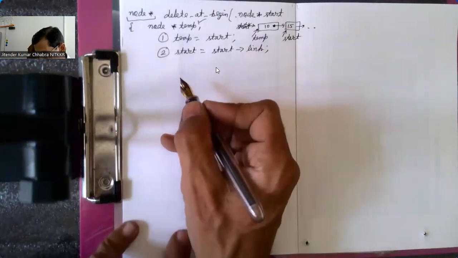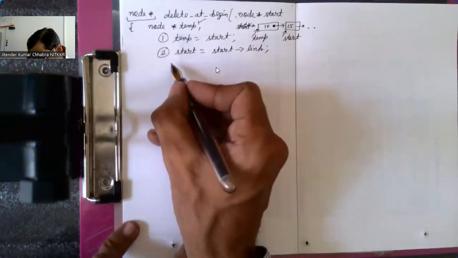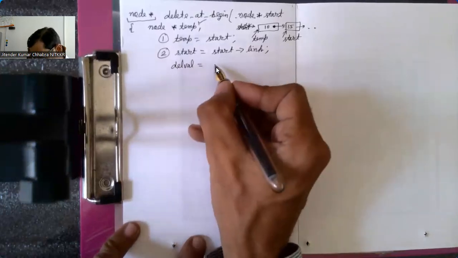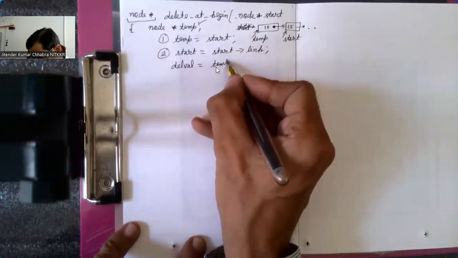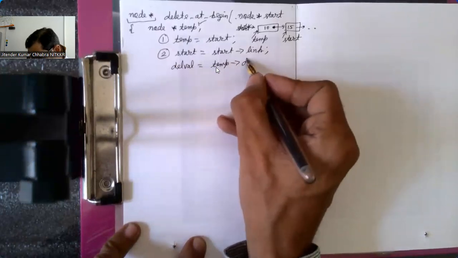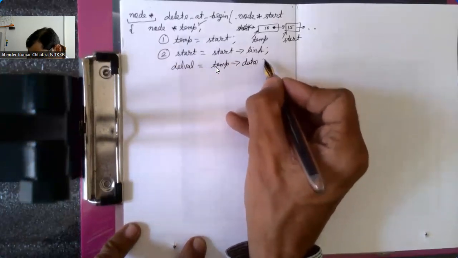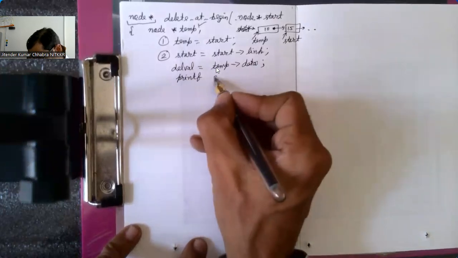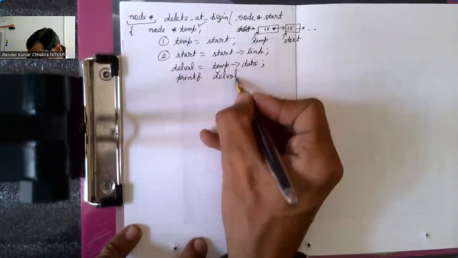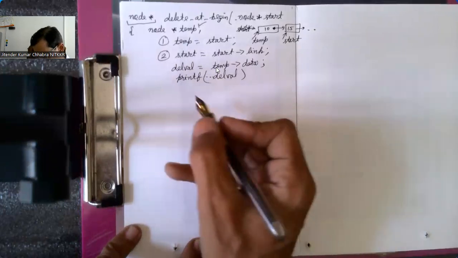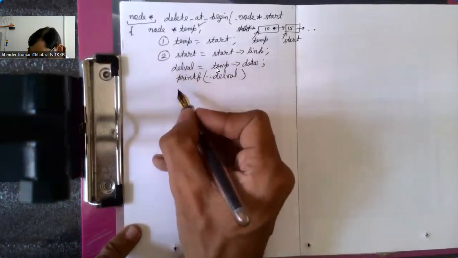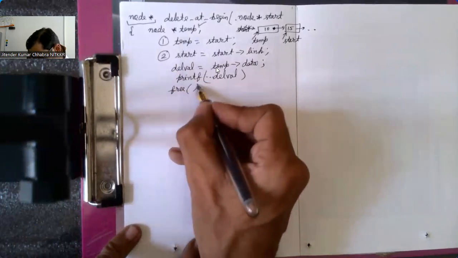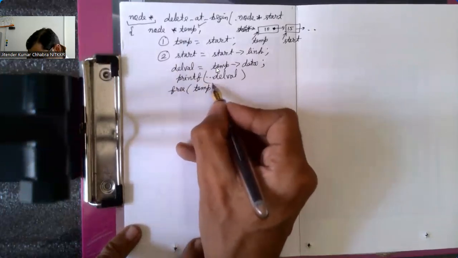But before freeing, if I need the temp data, maybe I will have a del val variable, and I can assign temp arrow data. And the deleted value, if I want to display, you can printf del val, whatever syntax you require. After that, you have to free temp, because the node has been deleted and temp is a pointer.